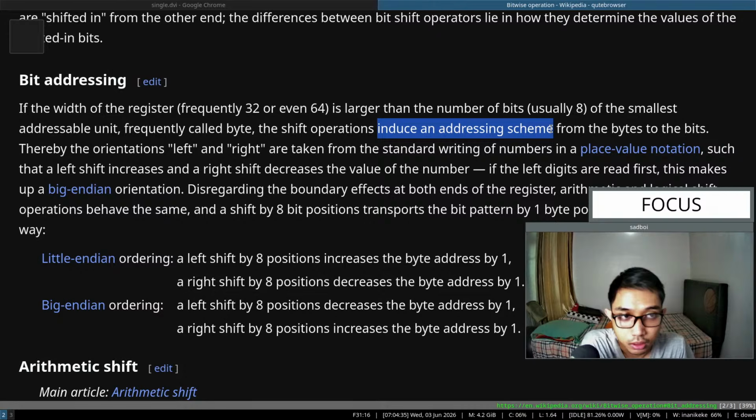Thereby the orientation left and right are taken from the standard writing of numbers in a place value notation, such that a left shift increases and a right shift decreases the value of the number.